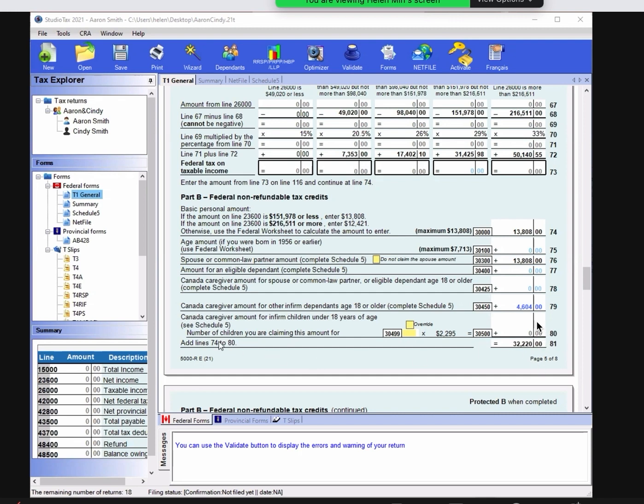Line 80 is if you have an infirm or disabled child under 18, because disabled or infirm, you get the caregiver amount. So this one is for under 18. You put the number of children, then you get it.